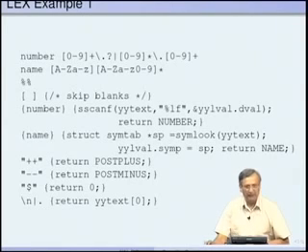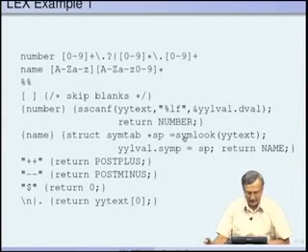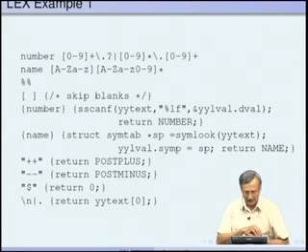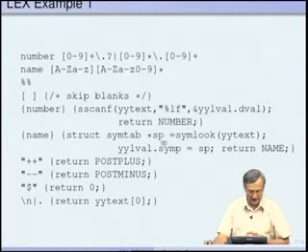For the second one, the name, there is a little more processing. Once name is recognized, the symbol table is looked up. Symlook is called with YYTEXT, the text of the name itself, the characters corresponding to the name. Symlook is the symbol table routine. It looks up the symbol table, and if the name is already present, it gives you a pointer to it. If it is not present, it inserts the name into the symbol table and returns its pointer.